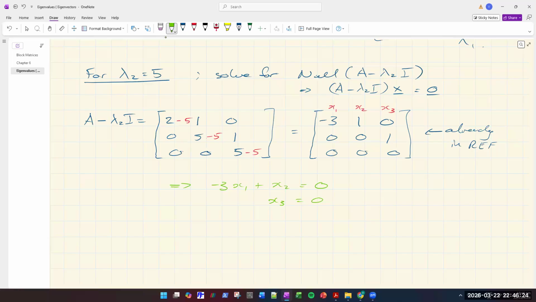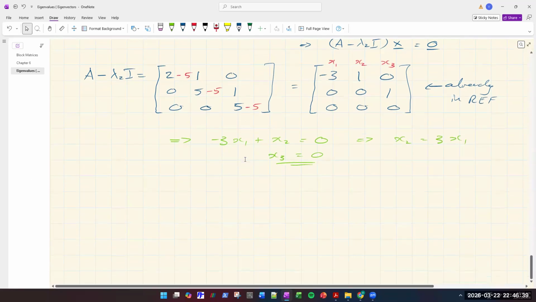So x3 is 0, we know that. I have one equation here essentially between x2 and x1. So x2 is 3x1. Remember, we were expecting either one or two free variables. I only have one free variable. You could choose either x1 or x2, it doesn't matter.